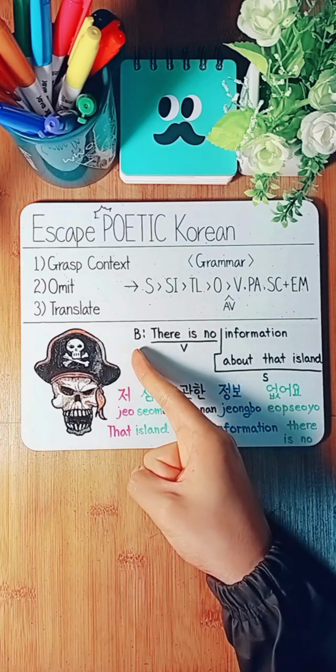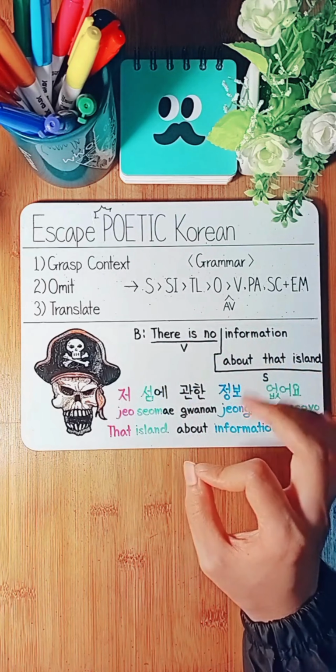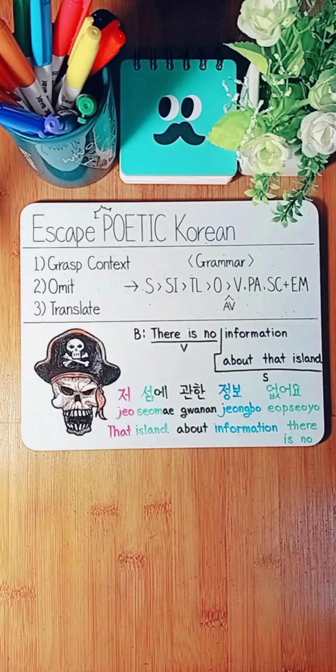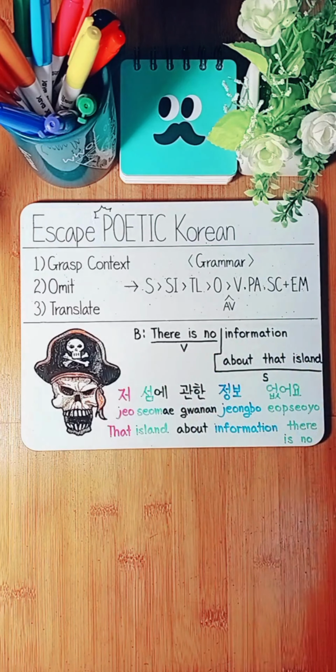B is saying, there is no information about that island, so let's not go there, right? According to common sense and context? Because all of you said no, right? Exactly, don't go there. There is no information about that island, so let's not go there. Okay, yes. So, perfect.